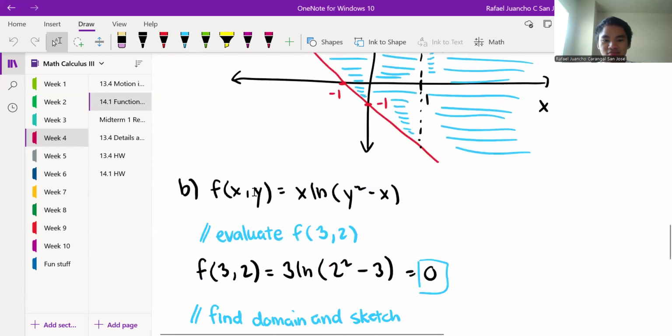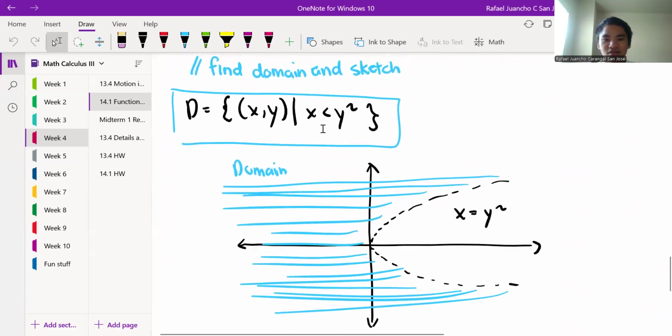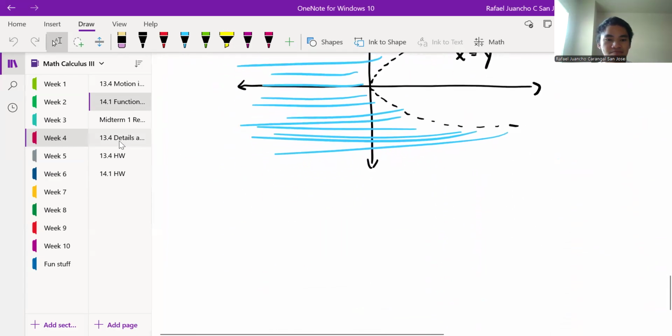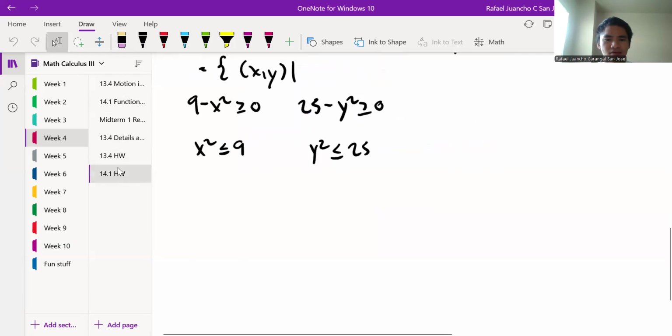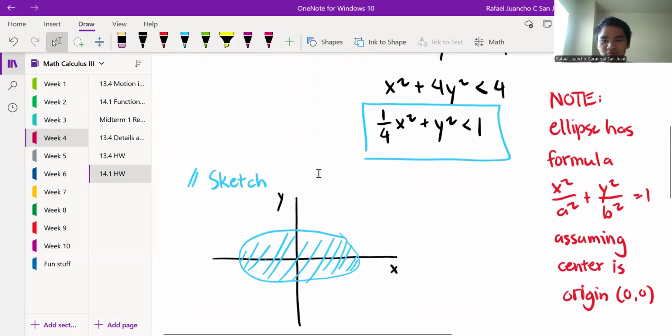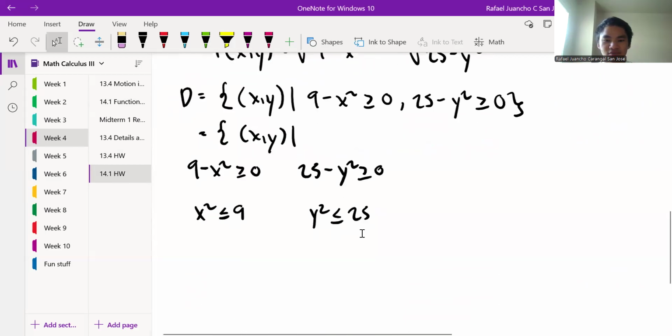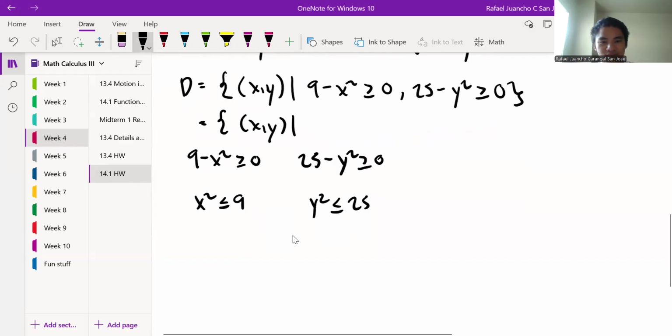Here I get a line in one of our examples. The other one I get a parabola. Here I get an ellipse. Here I get a number or a solution of some sort. So yeah, I guess I can do this, but that's plus and minus 3, and this one is y plus and minus 5.